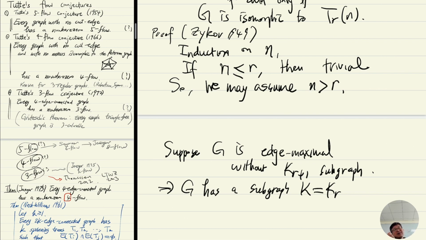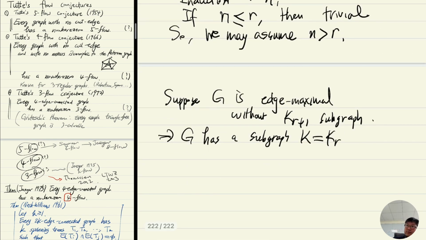So when I delete it, I still have a KR, right? So I have a subgraph isomorphic to KR.